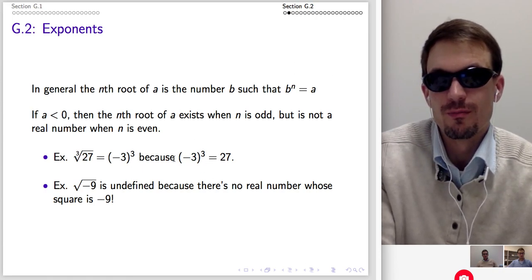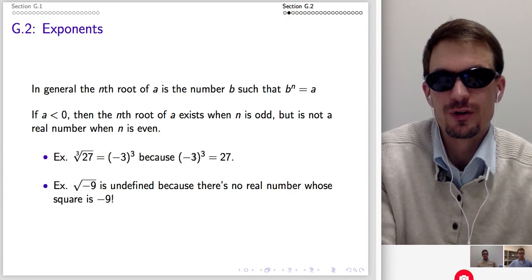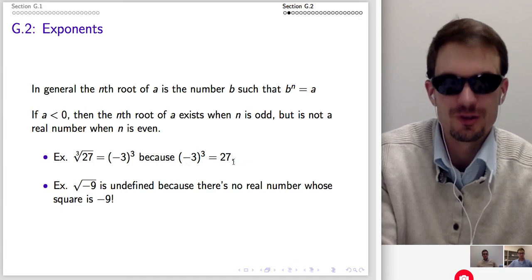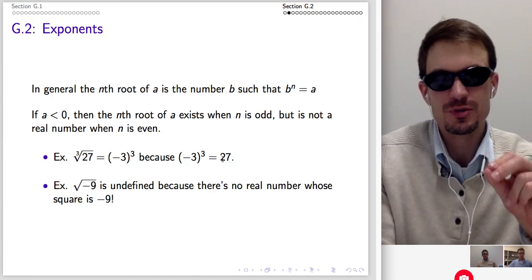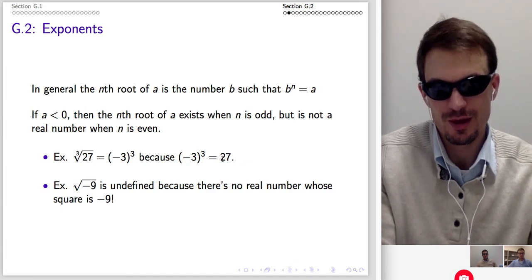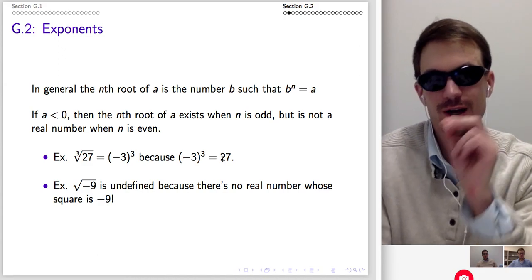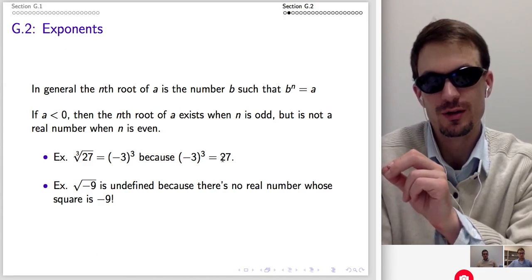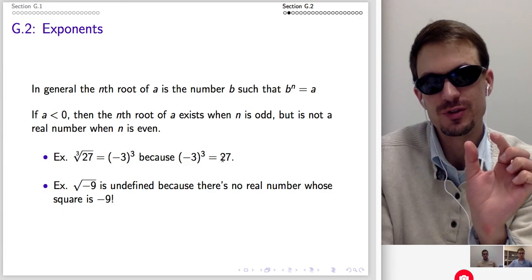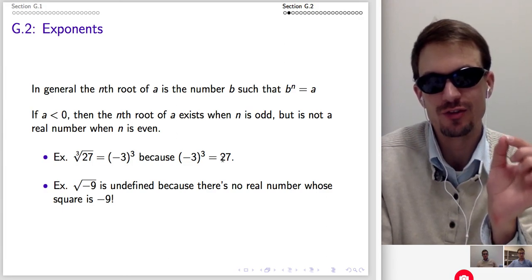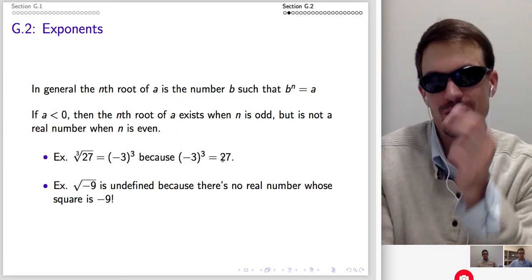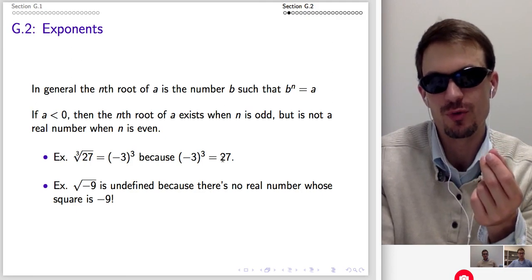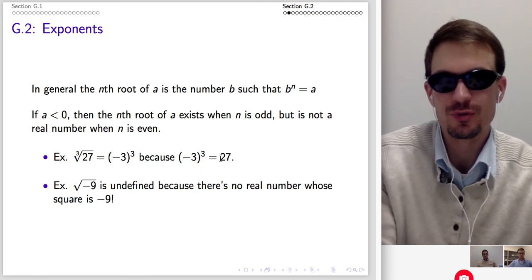Minus 3 to the third power is minus 3 times minus 3 times minus 3. 3 times 3 times 3 is 27, so that part's right. But we have a minus 1 times minus 1 times minus 1. The first two minus signs cancel and make it positive, so we have a positive 1 times the remaining minus 1. That's a minus 1. So this here should be minus 27.